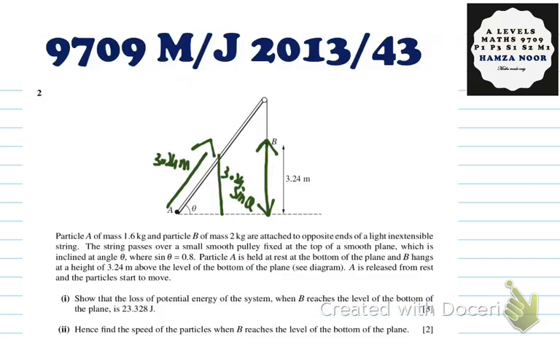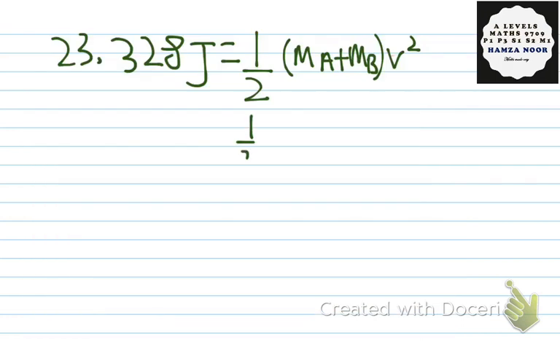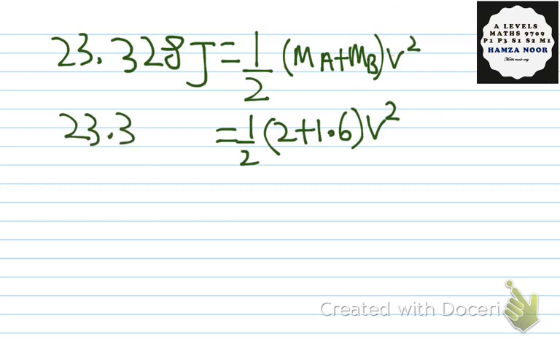So we need the mass of A, which was 1.6, and the mass of B was 2. So half multiplied by (2 plus 1.6) multiplied by V squared is equal to 23.328 joules.